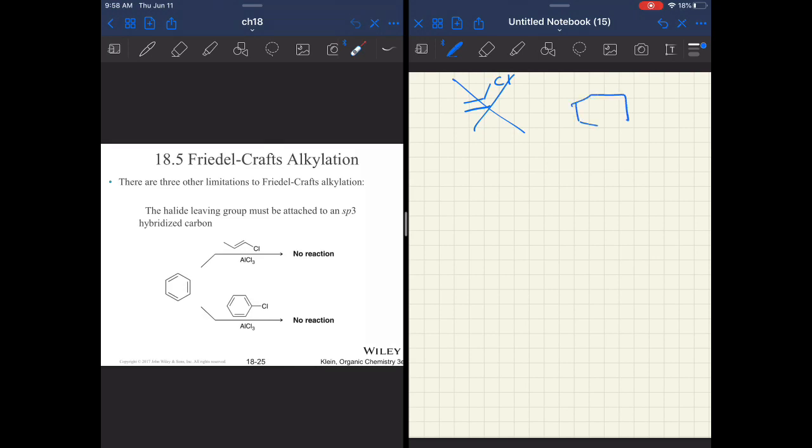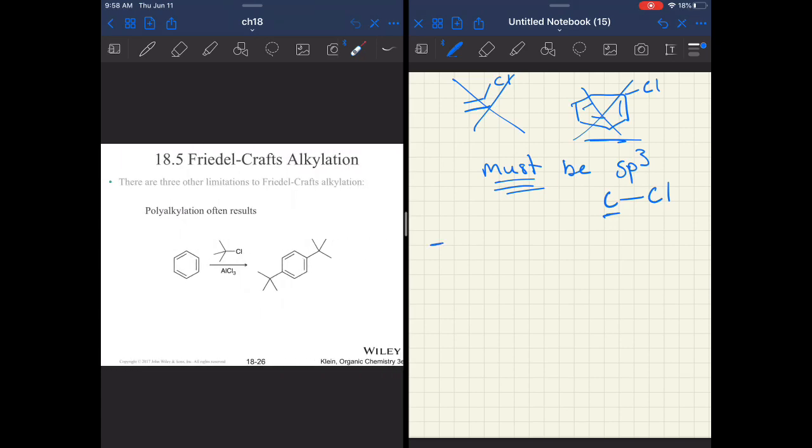You cannot use a phenyl chloride to do this reaction. That will not work. So if you're trying to add a ring, or a ring like this, you have to find some other way. It must be sp3. Must, write this down, be an sp3 C-Cl bond. That carbon must be sp3 hybridized.